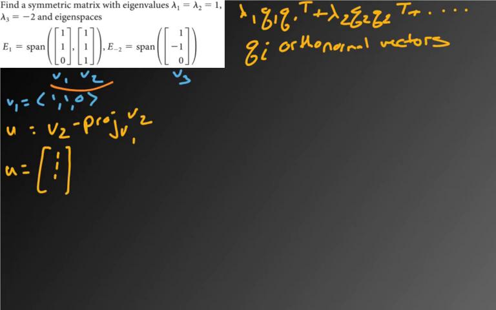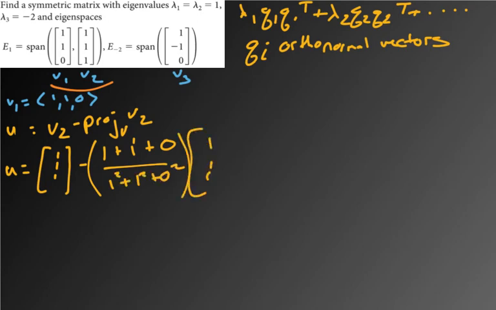So I take this vector, that thing, minus the projection of V2 onto V1. So it's going to be 1 plus 1 plus 0 over 1 squared plus 1 squared plus 0 squared, and then times 1, 1, 0. And if you do that out, you'll get the vector 0, 0, 1.